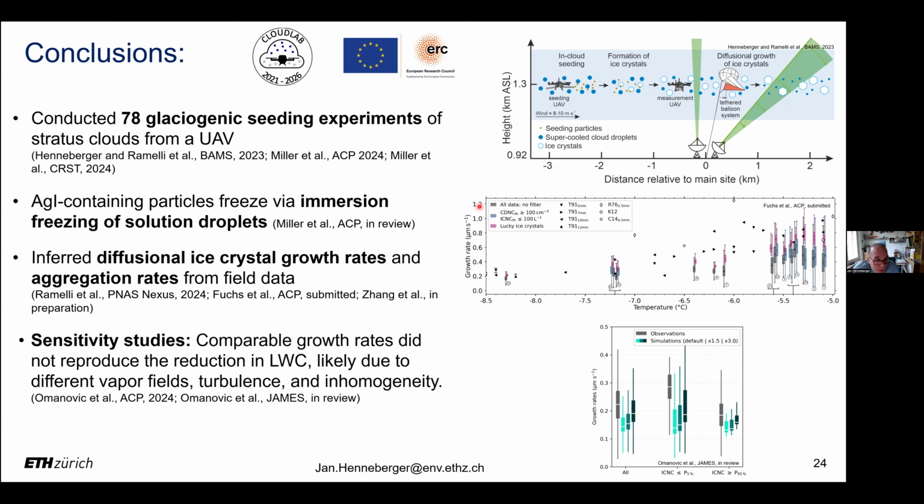We looked at the diffusional ice crystal growth rate and aggregation rate, could derive them from field data, and it compares quite well to laboratory data. And we did a sensitivity study where comparable growth rates did not reproduce a reduction in liquid water content because the vapor field is different in the model due to turbulence and inhomogeneities.